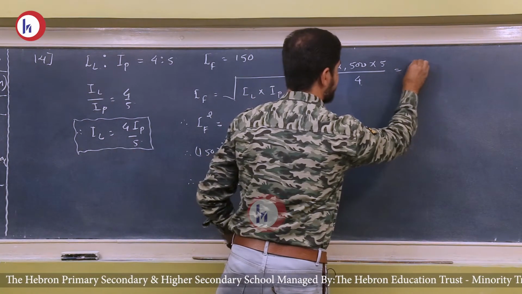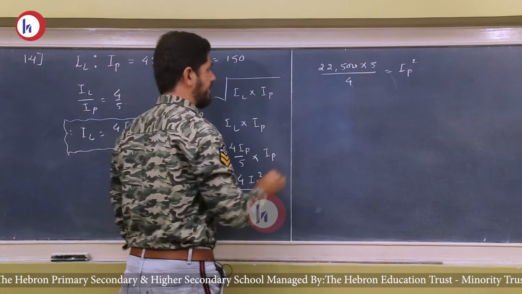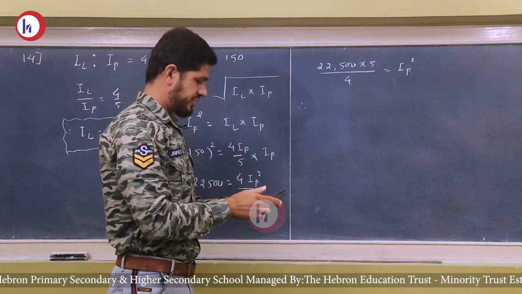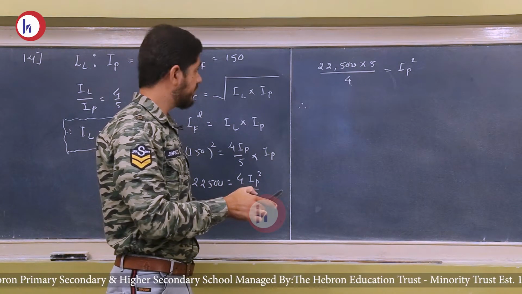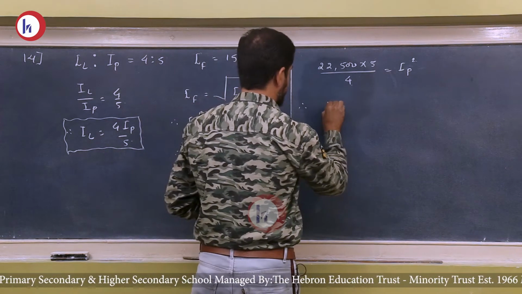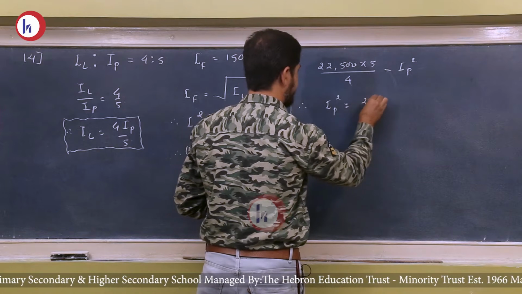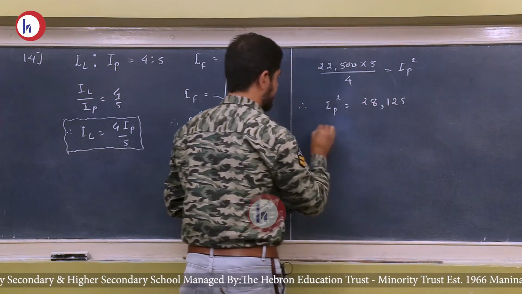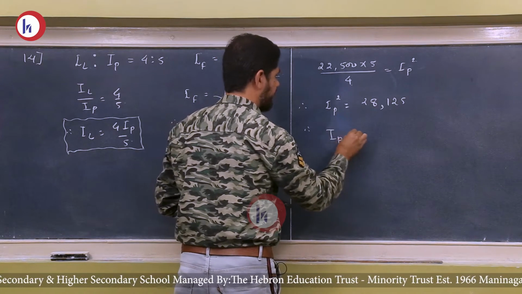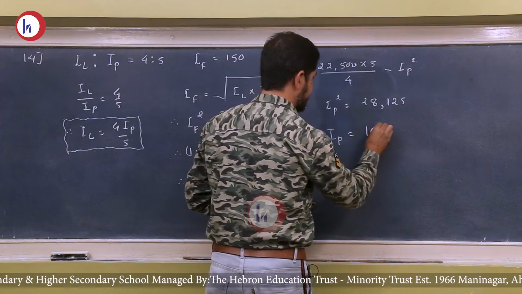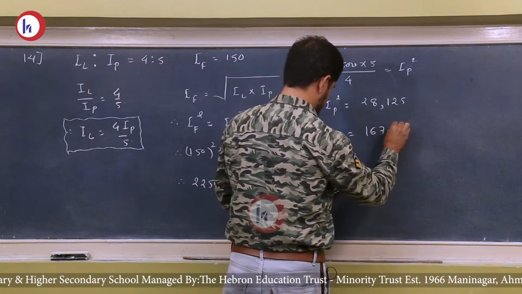On the right side, it is IP square. So 22,500 into 5 divided by 4, we get IP square is equal to 28,125. Now the final value of IP is 167.71.